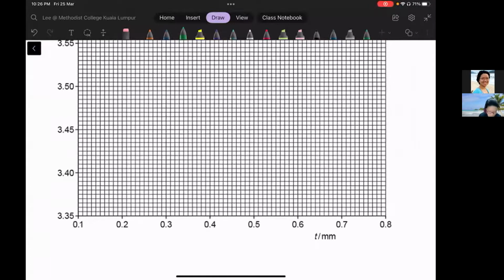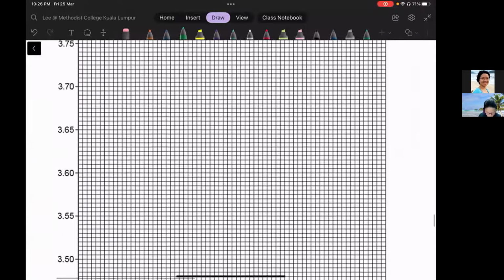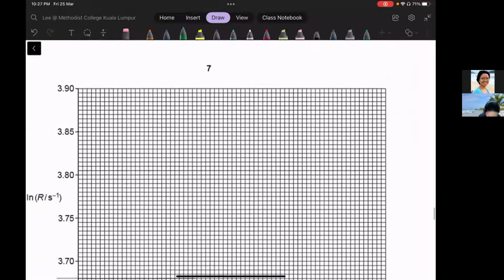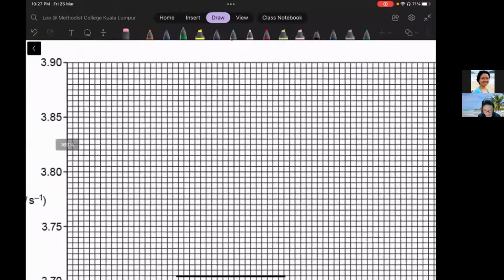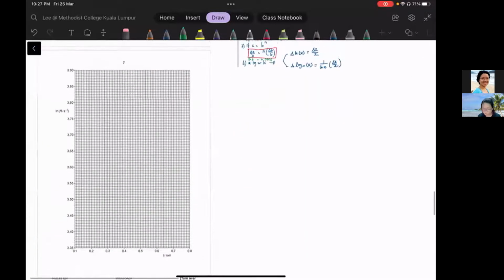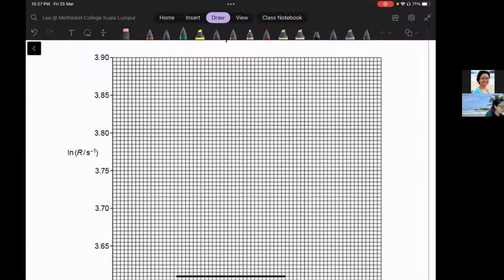0.16, 3.864. I'll pull up the table on my other screen. Okay, you plot there.